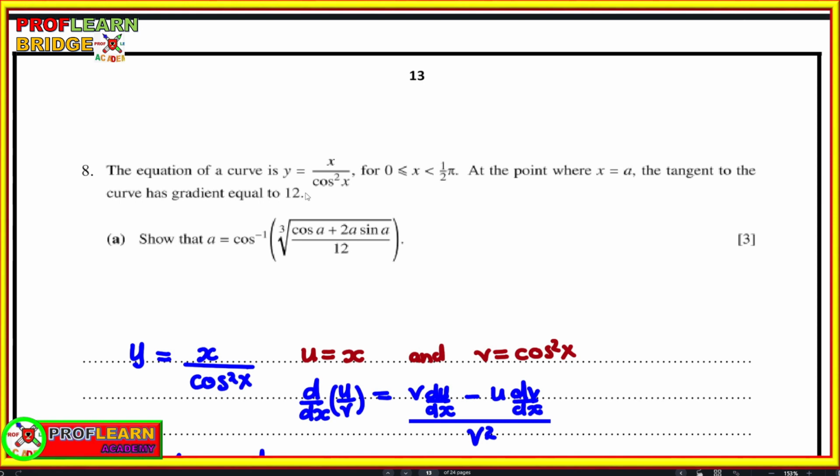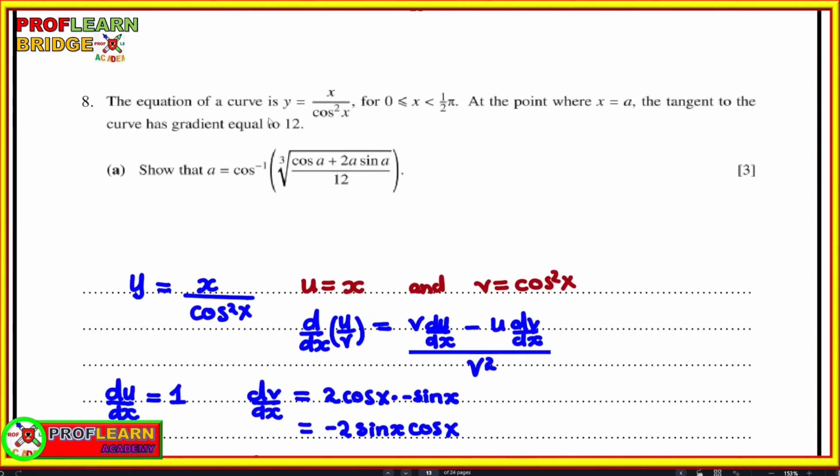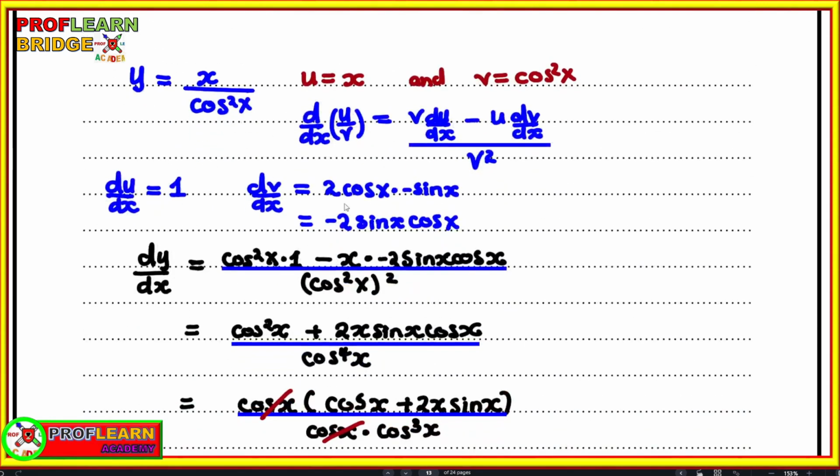To do that, because these are two functions divided, we're going to use the quotient rule. We need to decide which one is going to be our u and which one is going to be our v. Remember, the quotient rule states that d/dx of u over v is equal to (v du/dx minus u dv/dx) over v squared.